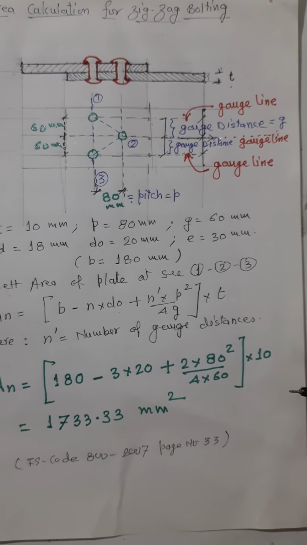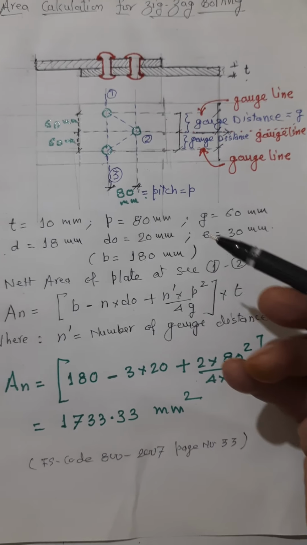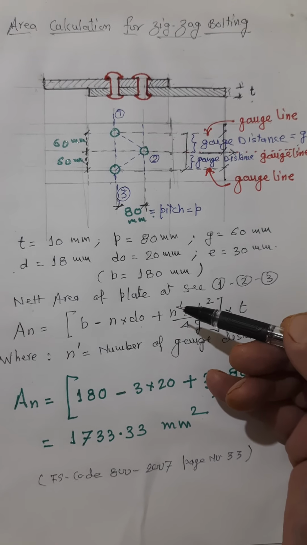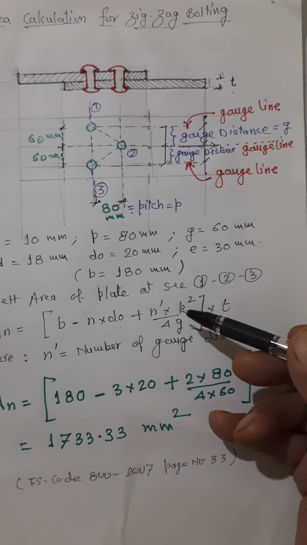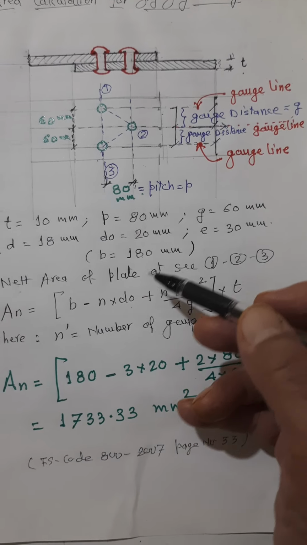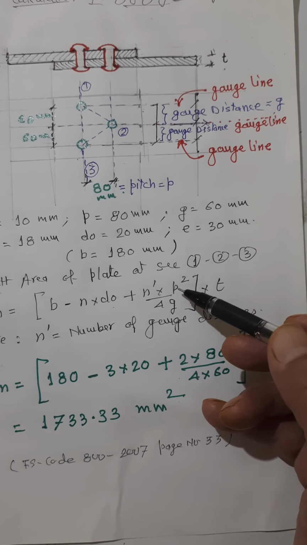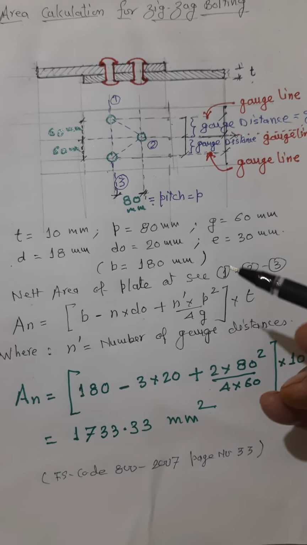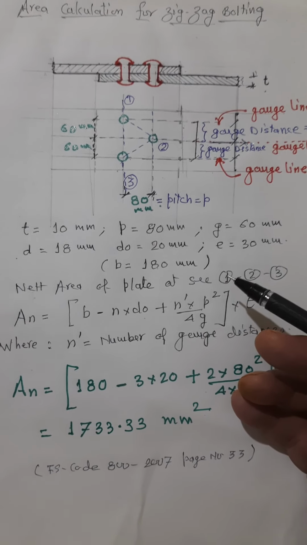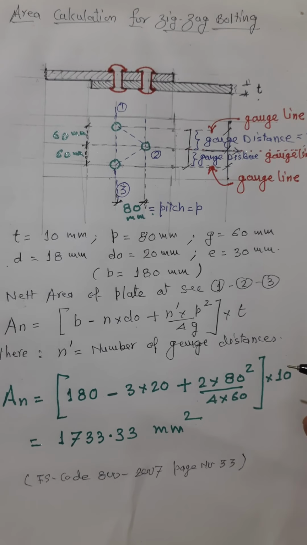But in the code, n dash is not given. I am adding this. Similarly, they have mentioned something as p dash or something like that, but I have changed that version for simplicity of calculation, just to understand.